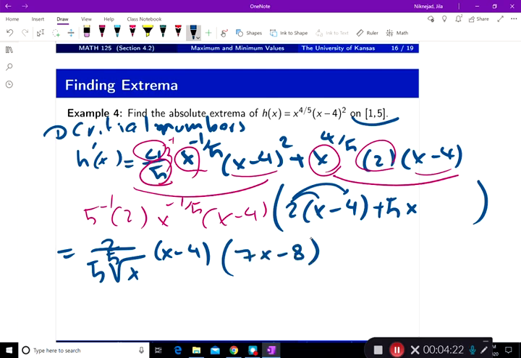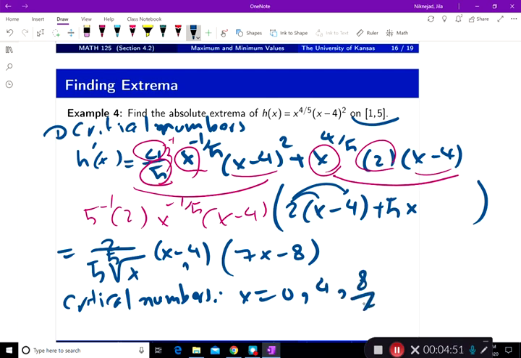Now set this equal to 0 and find the factors, and find the zeros of the denominator, because zeros of the denominator give you where the function doesn't exist. So all the critical numbers are x equal to 0, x equal to 4, and x equal to 8/7.